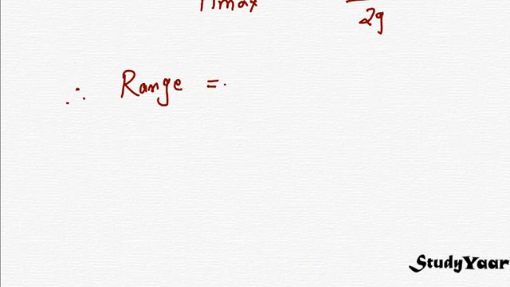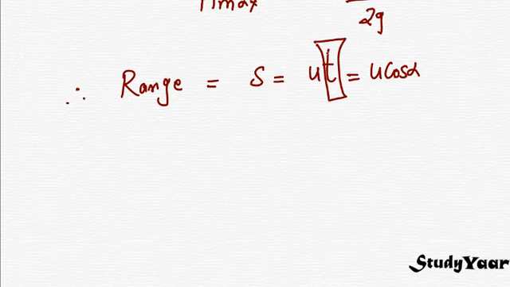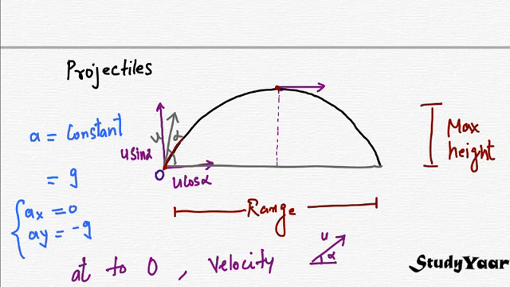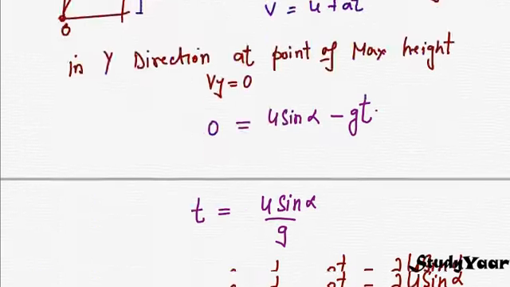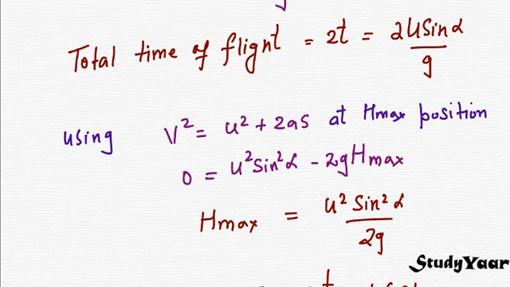Therefore, I can say that range is equal to S is equal to u into t, which is equal to u cos alpha into t, which is the time of flight. It took you t seconds to reach from here to here, which is your time of flight, and that time is equal to 2u sine alpha upon g.